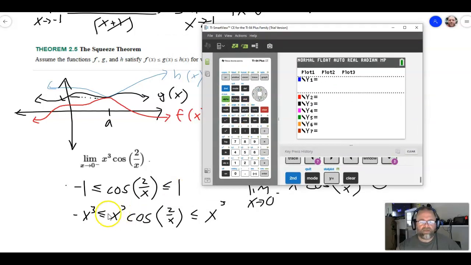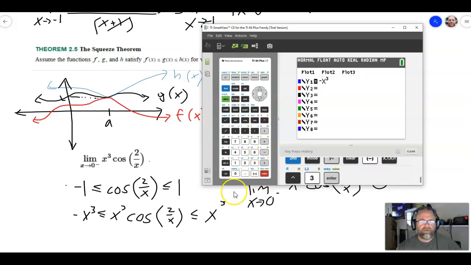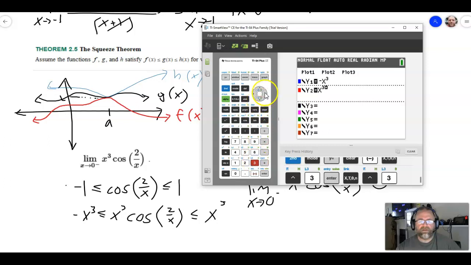My first function is negative x cubed. My second function is this one here, so that is x cubed times the cosine of 2 over x.